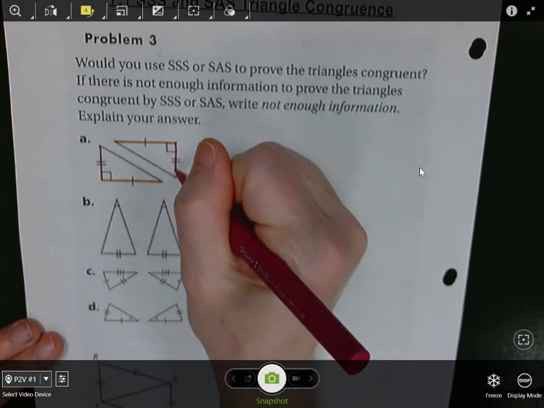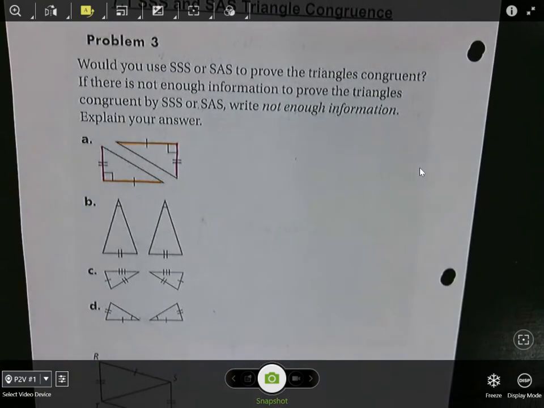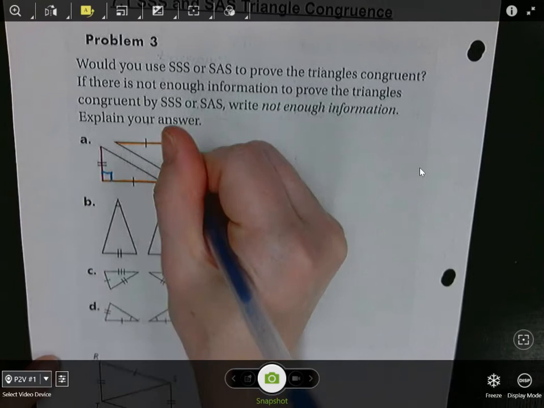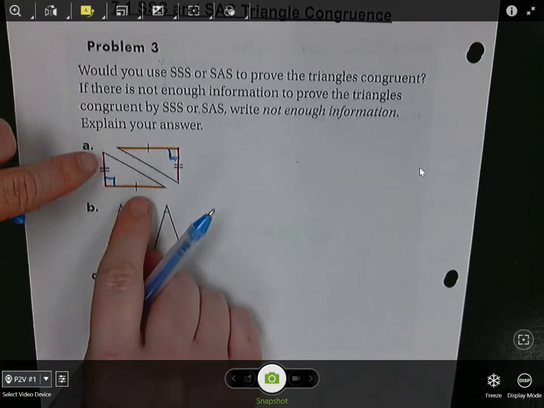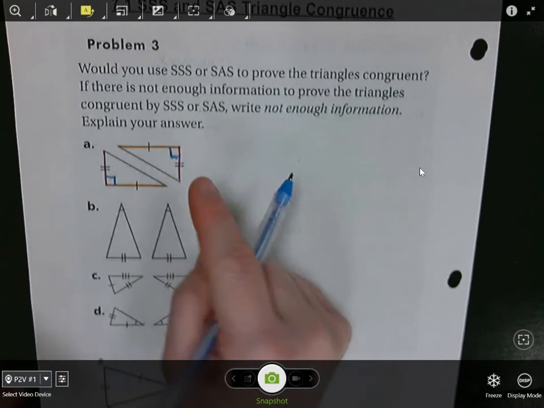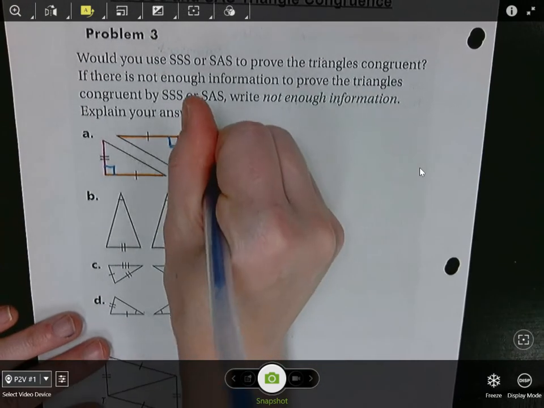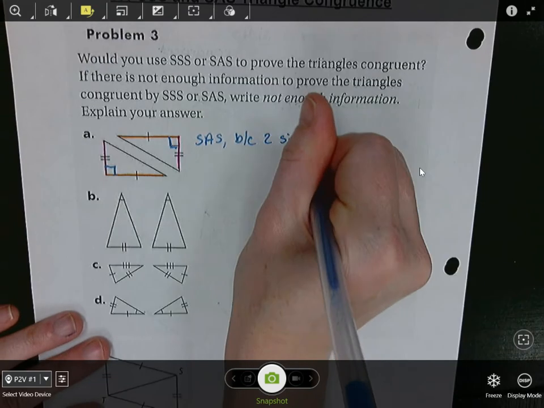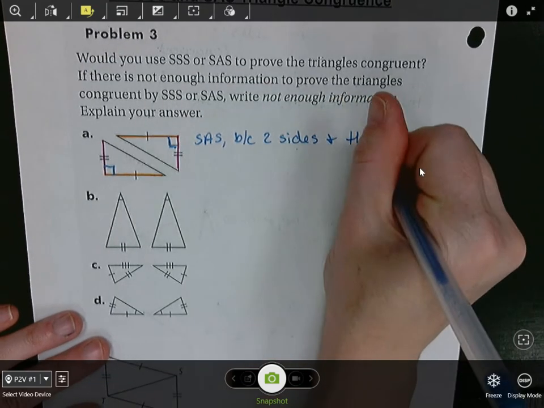So these sides were marked congruent, and then both of these angles are 90 degrees, so that means they're congruent as well. Okay, and notice you have two sides and their included angle, two sides and their included angle. So that would be side, angle, side.